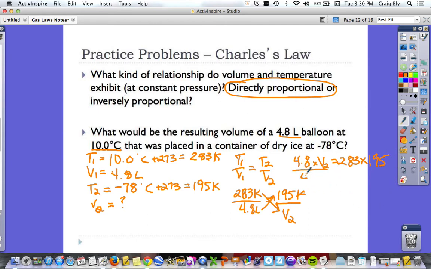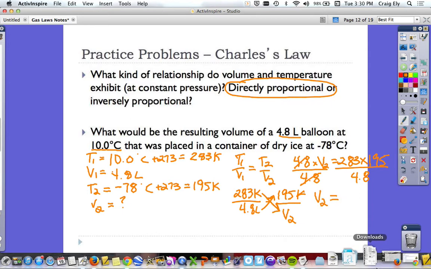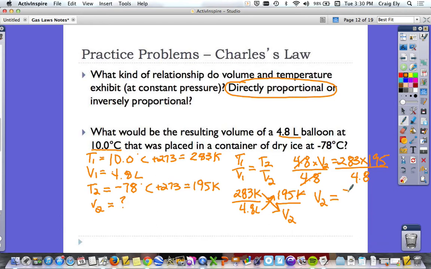We're going to divide by 4.8 on each side. My 4.8's cancel out, so my V2 is going to be equal to 3.3 liters, since my volume is in liters.